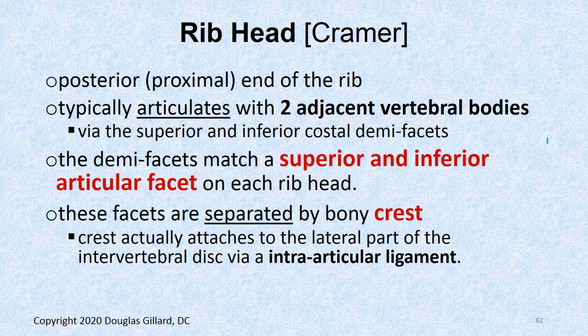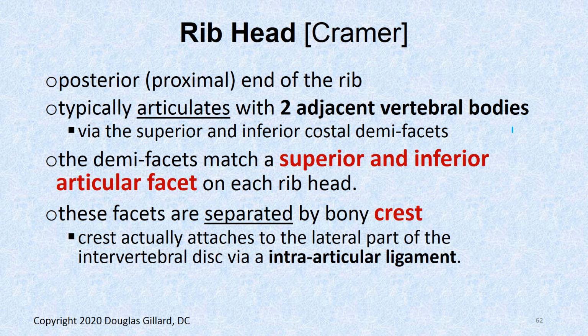So we'll start with the rib head. This is the proximal end of the rib, or the posterior end, whichever you want to say. It articulates with two adjacent vertebral bodies. We've talked about that. Most ribs, not all of them do. Sometimes rib 12 and rib 11 and even rib 10, they connect with just one body, so they only have one costal facet.